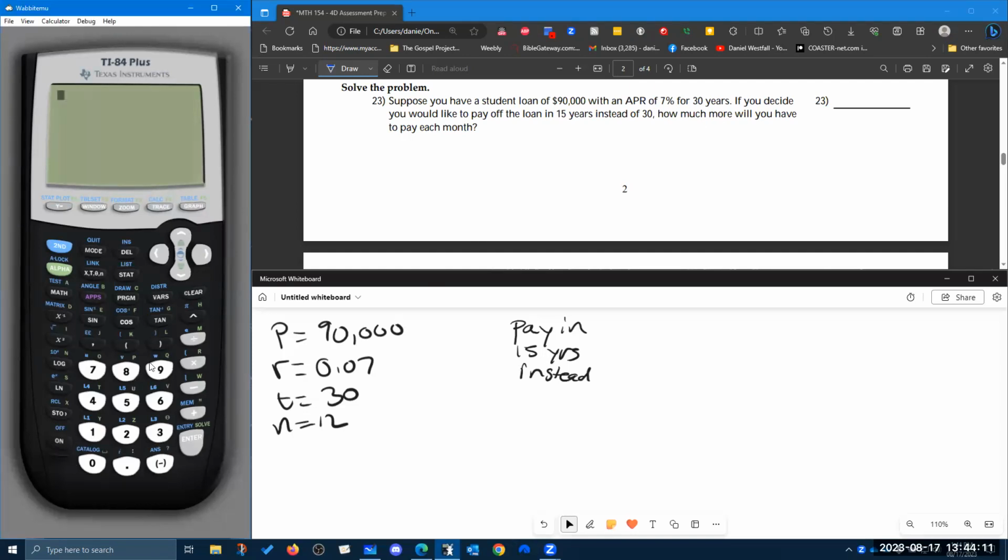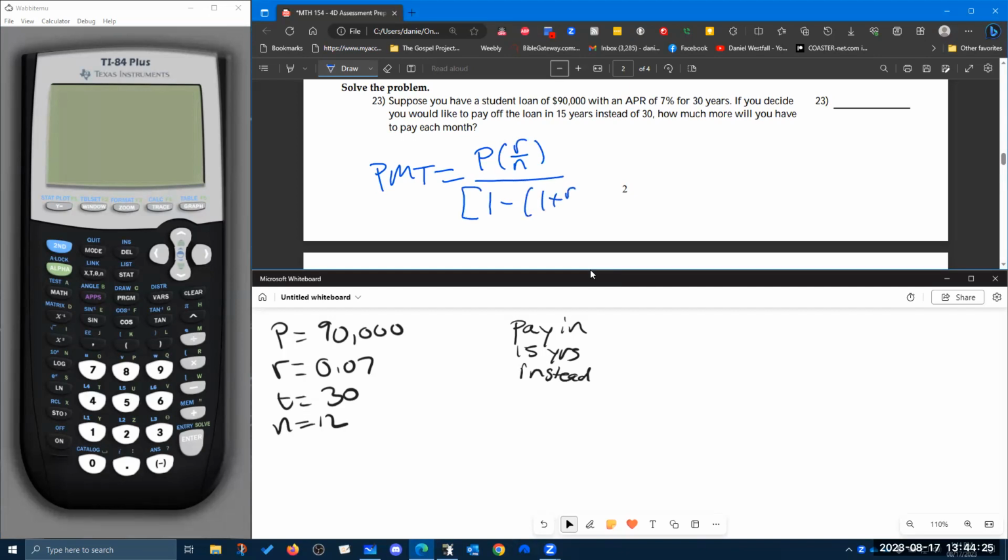So our formulas haven't changed. It's still going to be that your payment formula is going to be over 1 minus 1 plus r over n to the negative nt, like so.